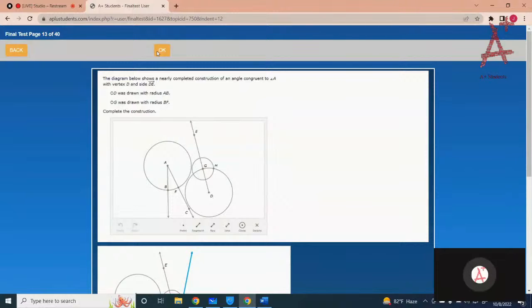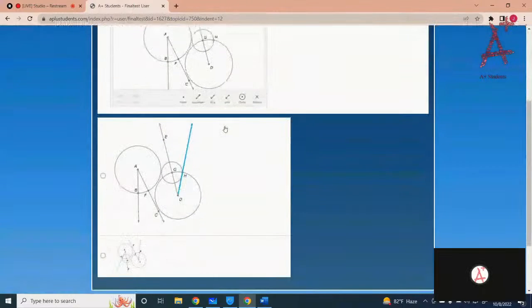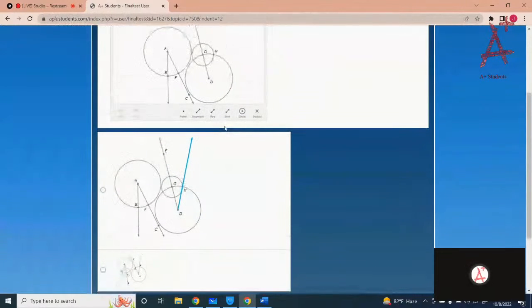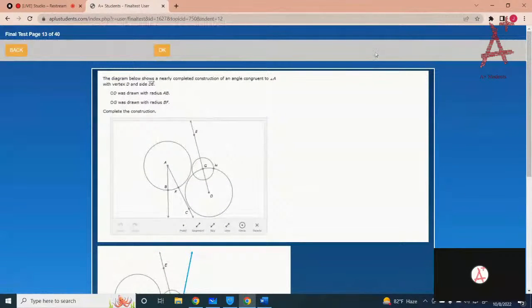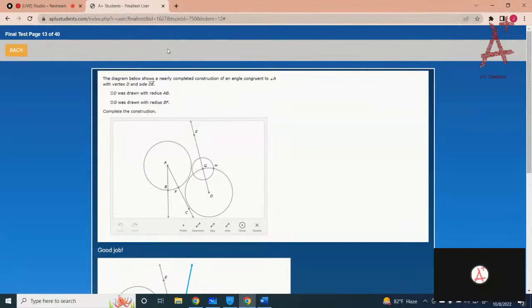Circle D was drawn with radius AB, and circle G was drawn with radius BF. Complete the construction. So you just have to connect the point D to H. Got it? Just make a line from D to H. So it is the first option. Got it? Because you just need to make a line. Click on the OK button.